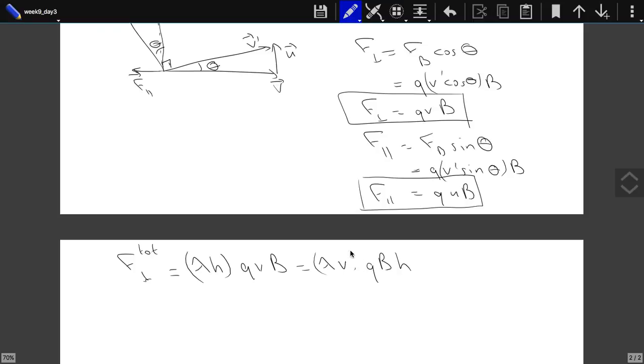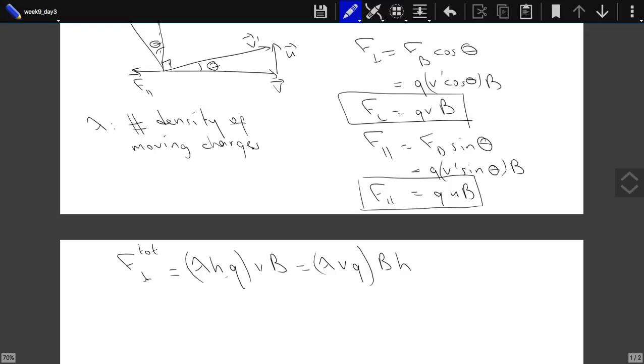No, sorry. Lambda is the number density of moving charges. It's not the charge density, but the number density, because the charge we had already, each one of them has this much charge.